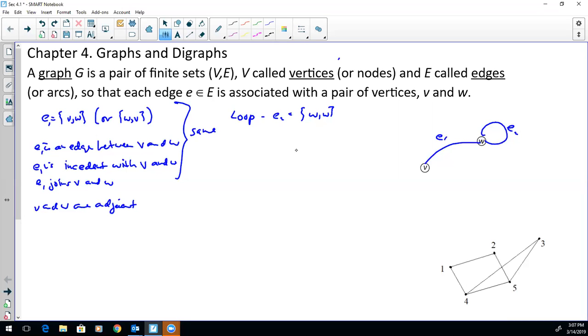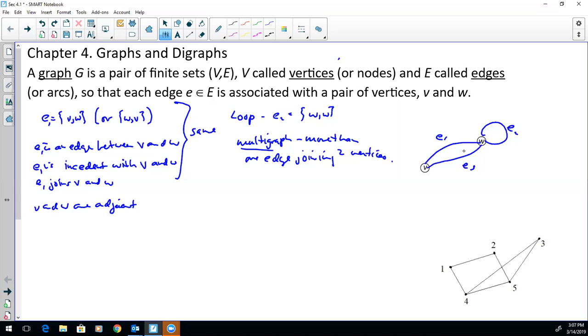And if more than one edge joins two vertices, so if we had, say, another edge here, then we would call this a multigraph. So more than one edge joining two vertices.